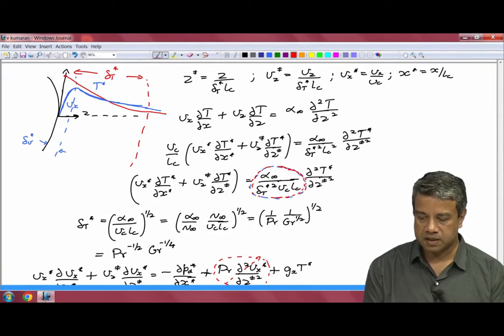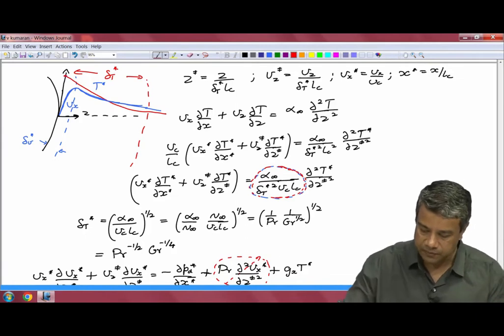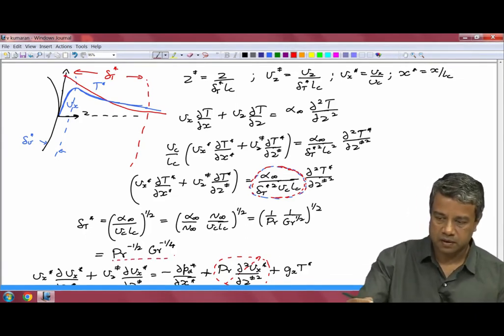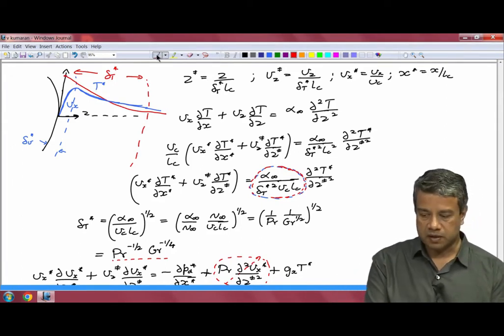And this gives us a condition for the thermal boundary layer thickness. Delta T star is 1 over the Prandtl number, 1 over the Grashof number to the half, whole square root, or this is equal to Pr to the power minus half times Gr to the power minus 1/4. So, that is the equation for the thermal boundary layer thickness.